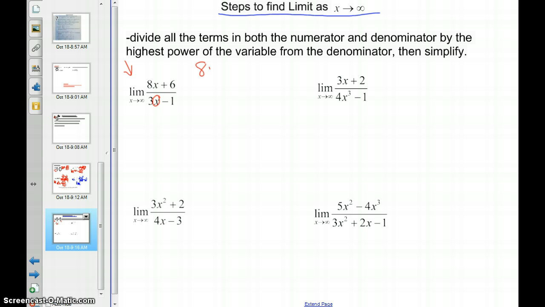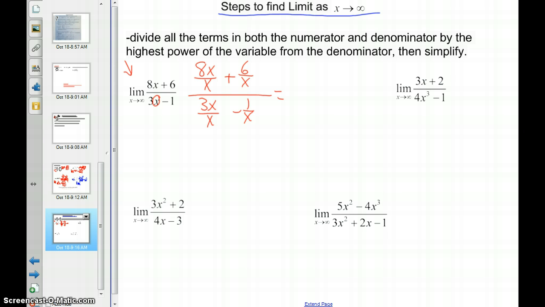So we're going to divide every single term by x. Okay, and then simplify this. So now what we're looking at is 8 plus 6 over x, and all that's divided by 3 minus 1 over x.